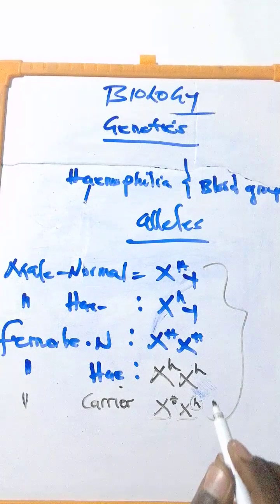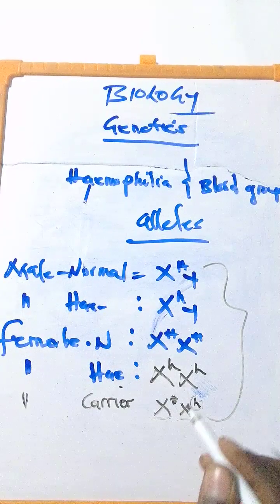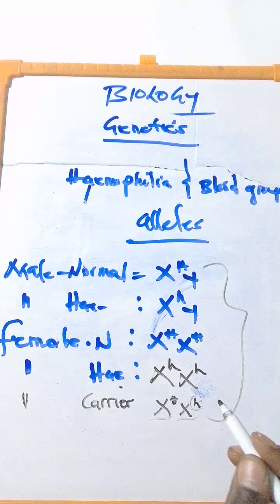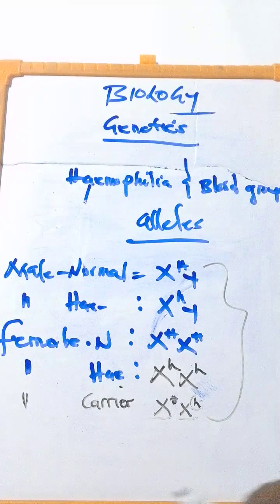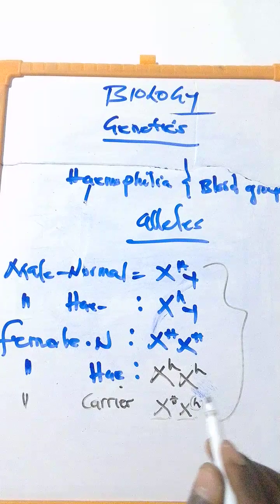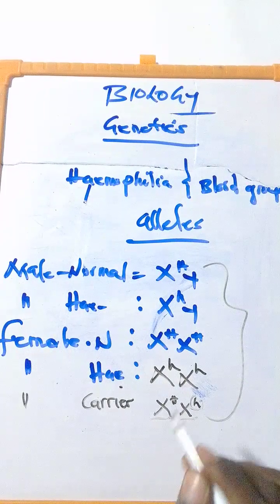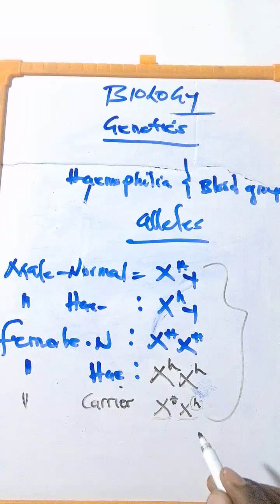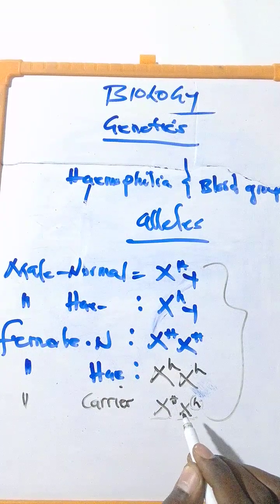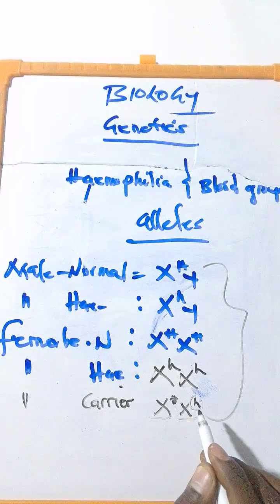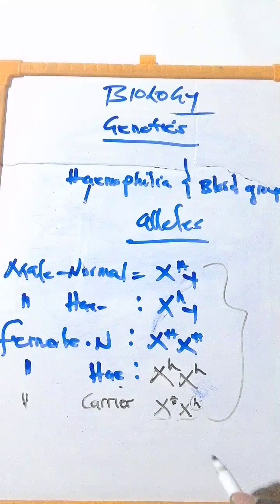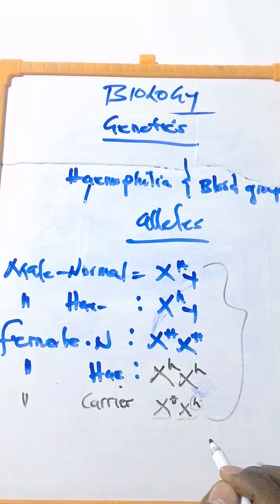So this is the reason why males are more likely to suffer from hemophilia than females, because they have only one X chromosome. When that chromosome is affected, it won't have another one to support it. While females have two X chromosomes. So if one chromosome is affected, then the other one will support it. So that is the reason why males are more exposed to hemophilia compared to females.